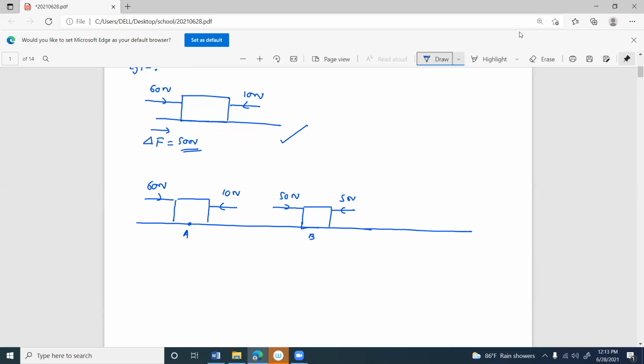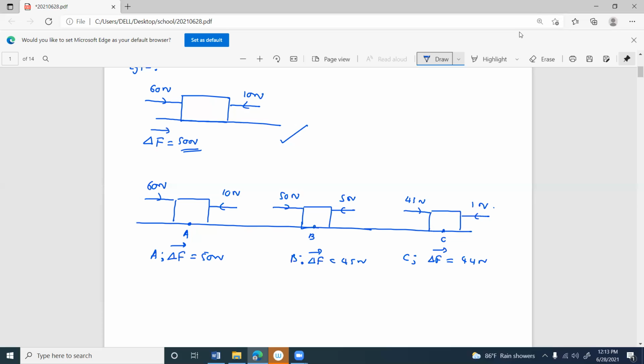At point C, this force becomes 45 newtons and this force becomes 1 newton. At A, what is the resultant force? 50 newtons this side. It's unbalanced. At B, 45 newtons this side. At C, 44 newtons this side.